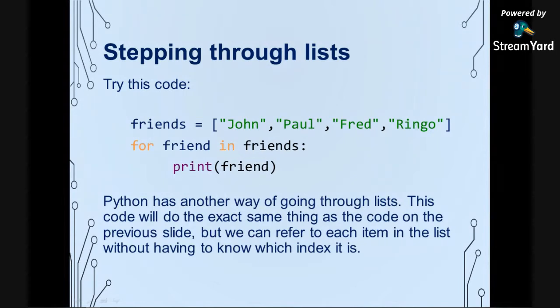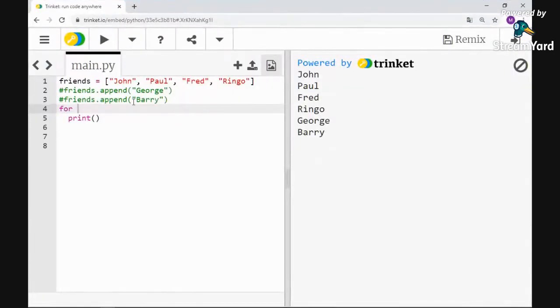So I'll quickly show you how that works. Let me adjust some of this code a little bit. So even if I comment out my appends, let me come back to this. So I've got for friend in friends.